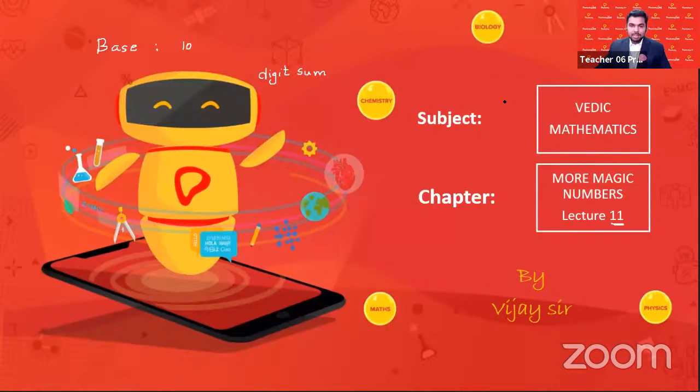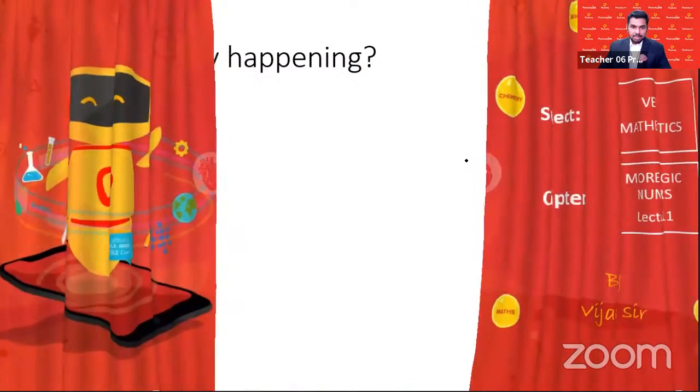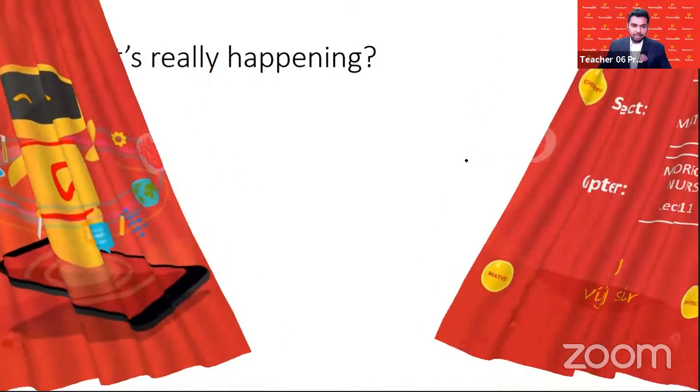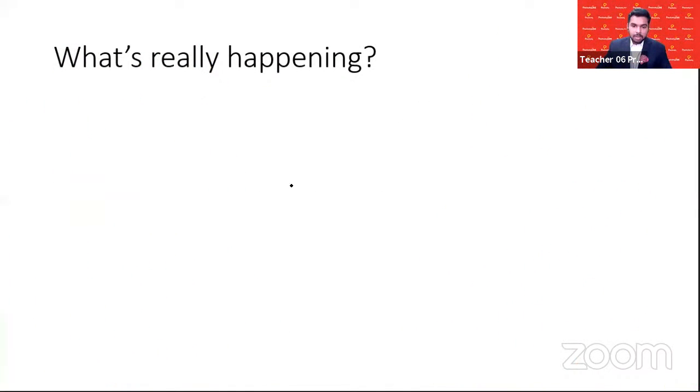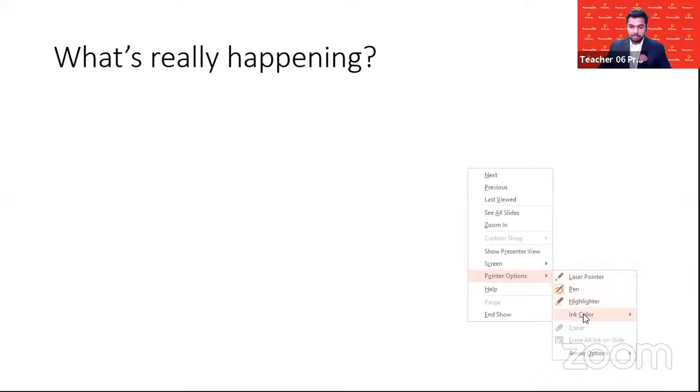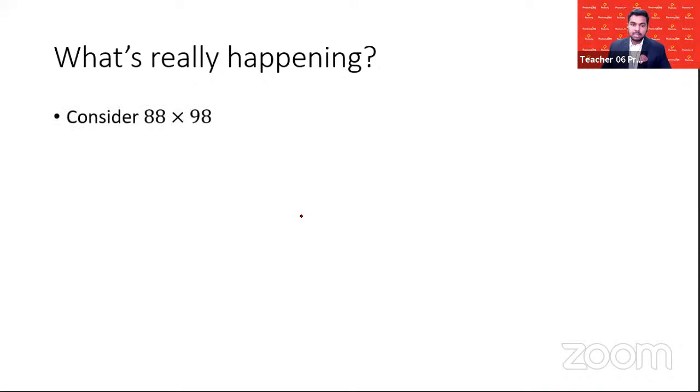We'll begin with a little bit of warm up from what we did yesterday. Yesterday we had dealt with multiplication close to the base. Today what we are going to see is what is actually happening while we do multiplication close to the base. Let us take this example of 88 multiplied by 98. 88 and 98 both are close to the number 100, which is the base.